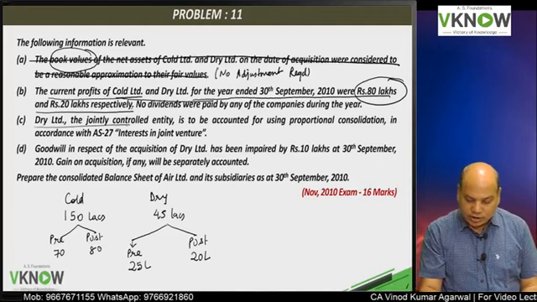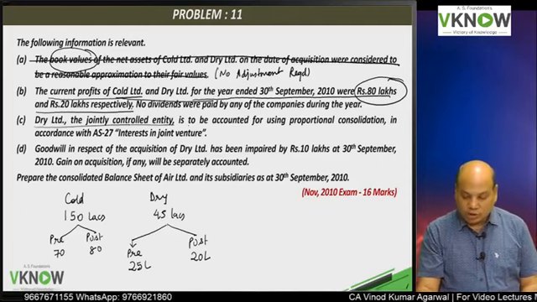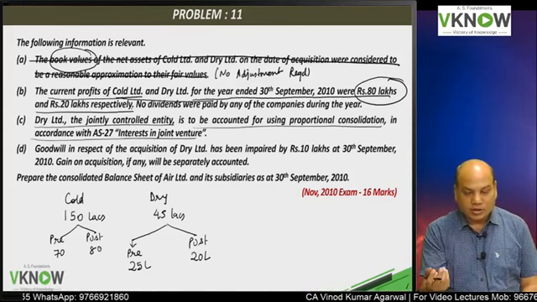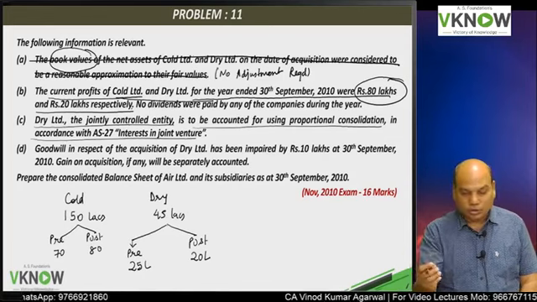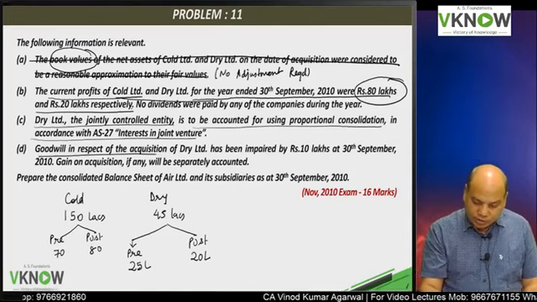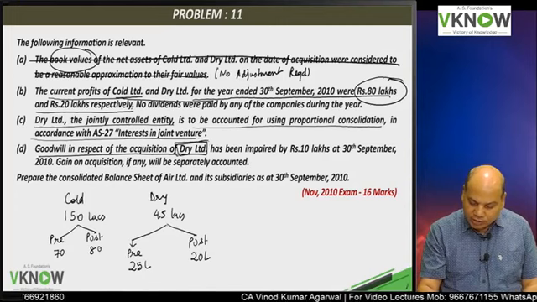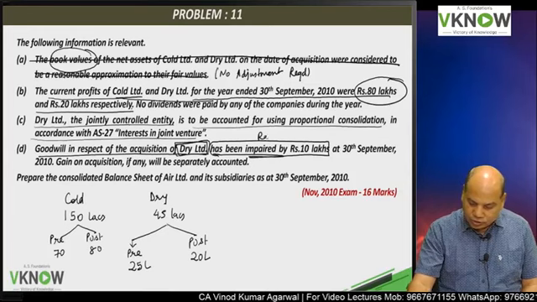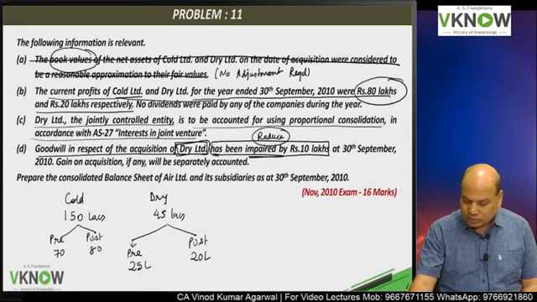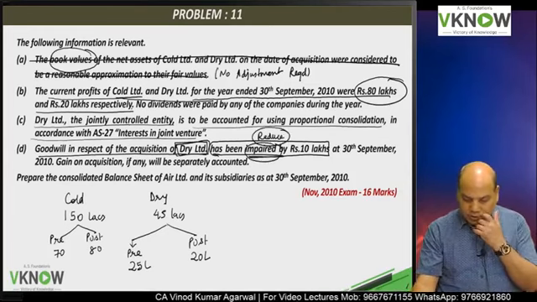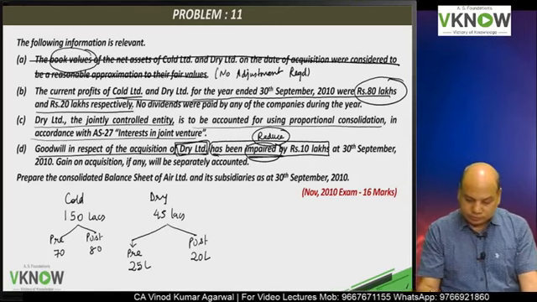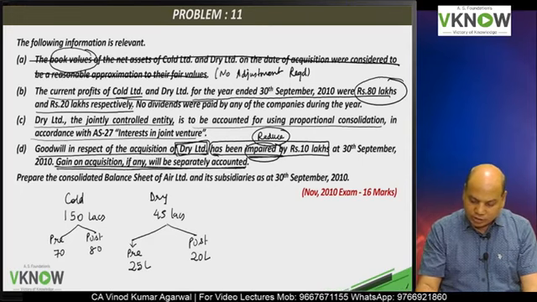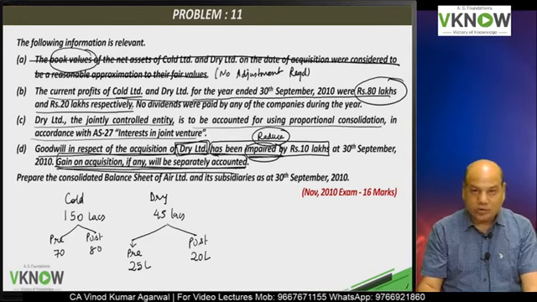Now it says Dry Limited is a jointly controlled entity, will be accounted using proportionate consolidation method. Again, this line was not required. We are going to do the same. Goodwill in respect of acquisition of Dry Limited has been impaired by 10 lakh. So reduce goodwill by 10 lakh. Impaired means reduced, its value has gone down. Gain on acquisition, if any, will be separately accounted. Gain on acquisition means capital reserve.